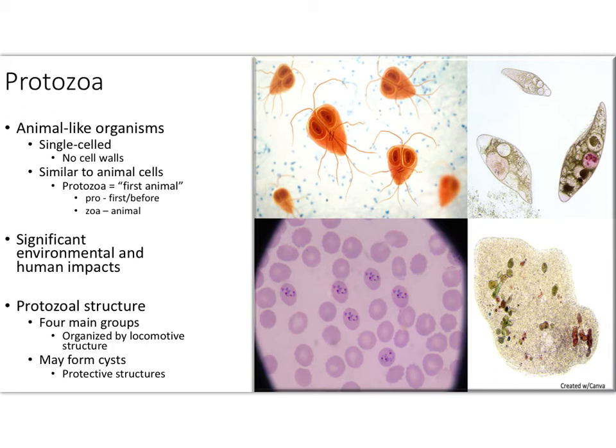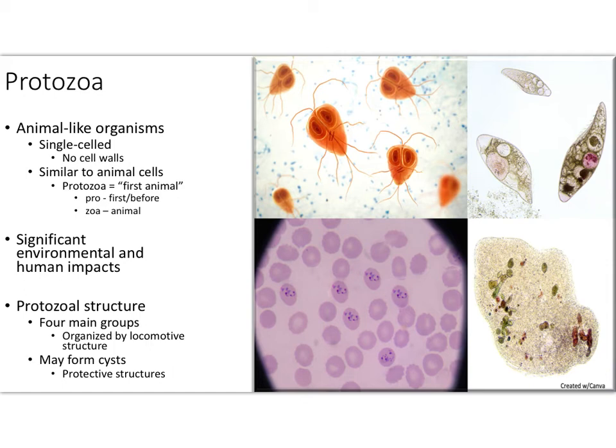So the structures that we find in animal cells, which are the ones that you've probably talked about in previous classes, your general biology class, and if you've taken anatomy and physiology, you've talked about human cells in depth. And so the protozoa are similar in nature to those types of cells.